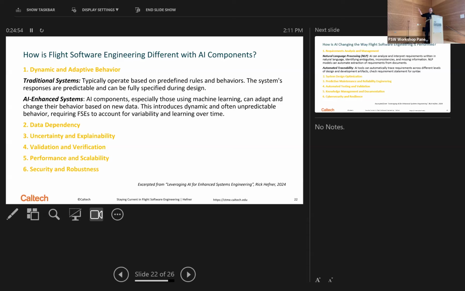A system that has AI components, especially with some sort of machine learning, is going to adapt and change its behavior over time based upon new data and new understandings that the AI system gains. That's going to introduce a lot of dynamic and unpredictable behavior. And so we've got to set up systems to account for that, to put guardrails up on where things could learn, et cetera.